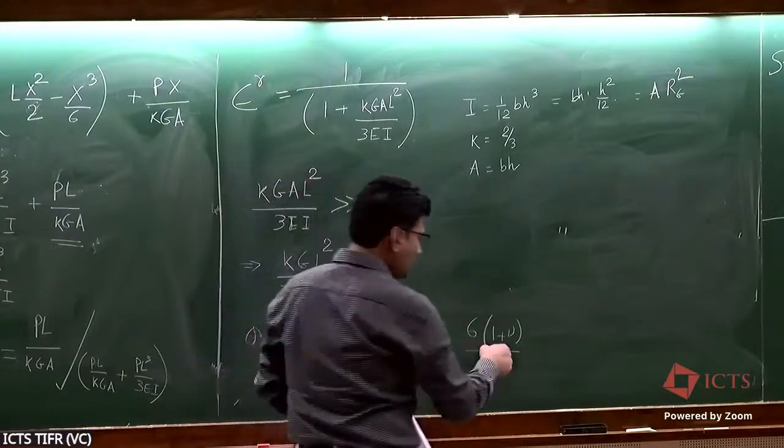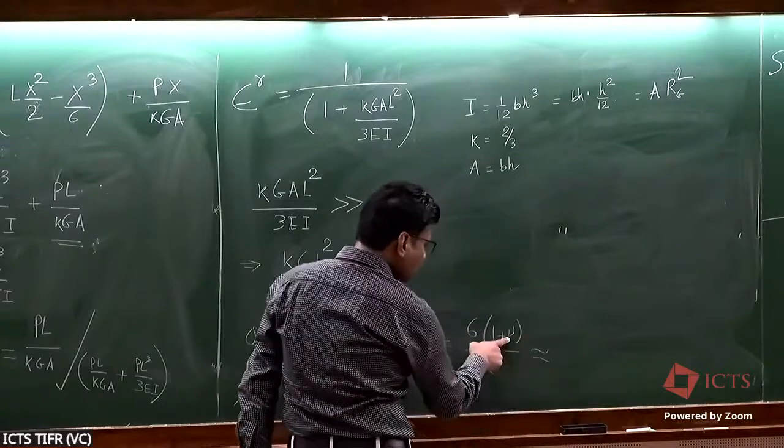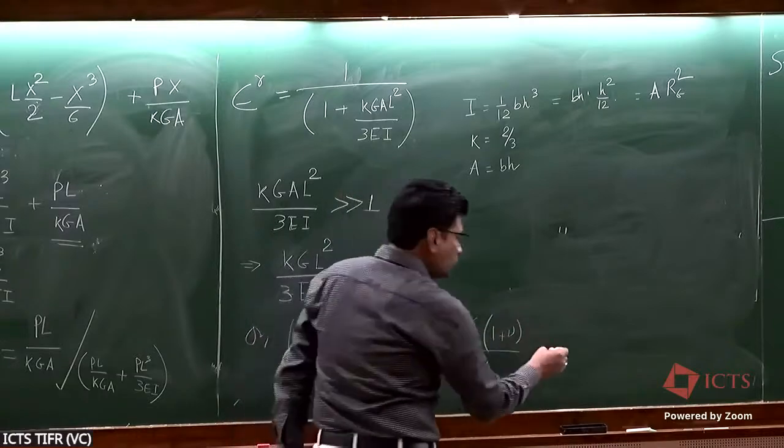And if the material is, let's say, incompressible, nu is of the order of 0.5, 1.5 into 6 is 9, K is of the order of 1, so it's close to 10.